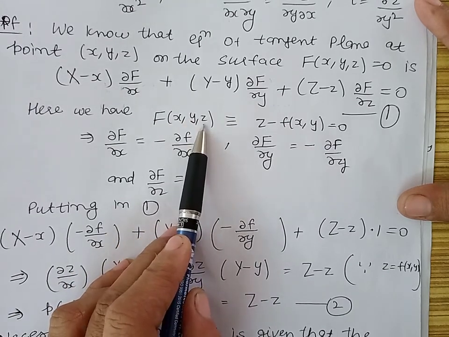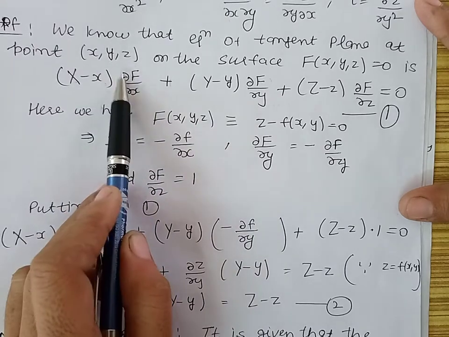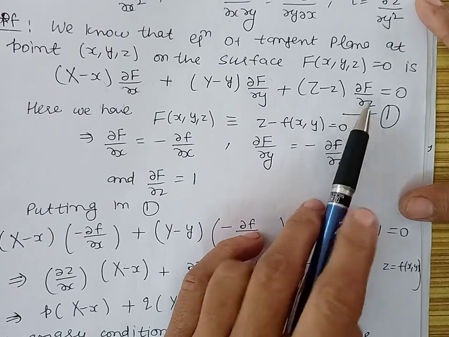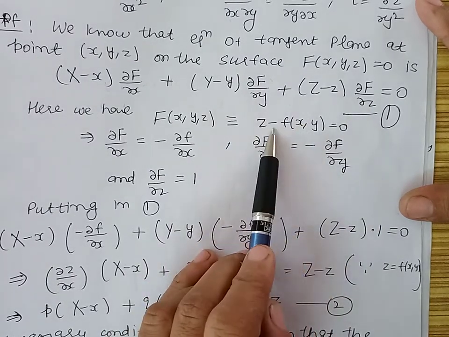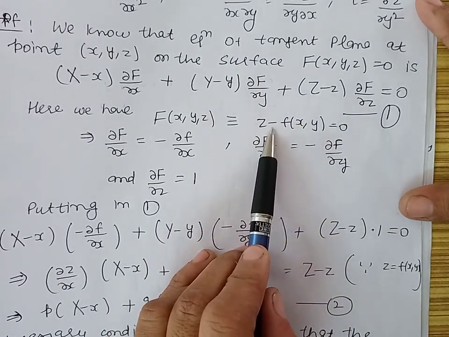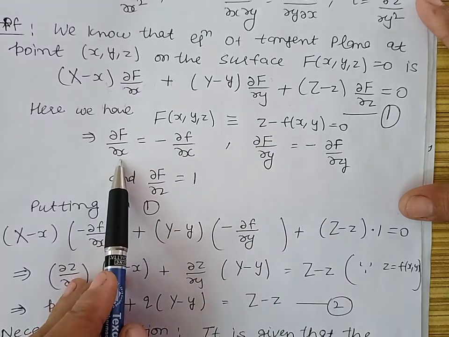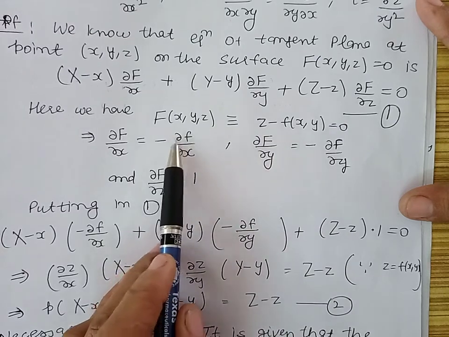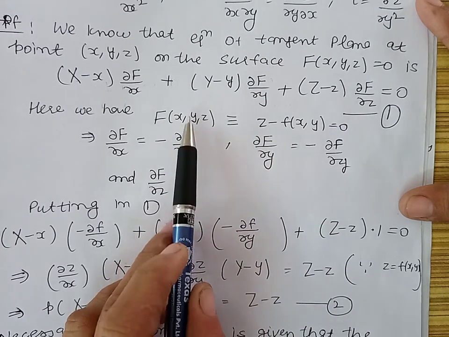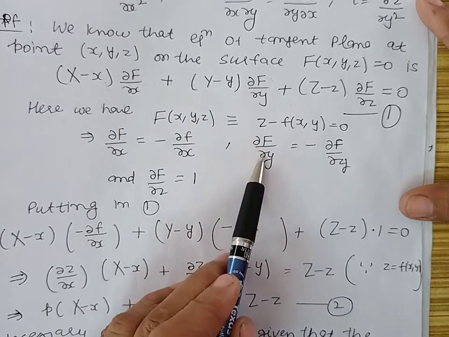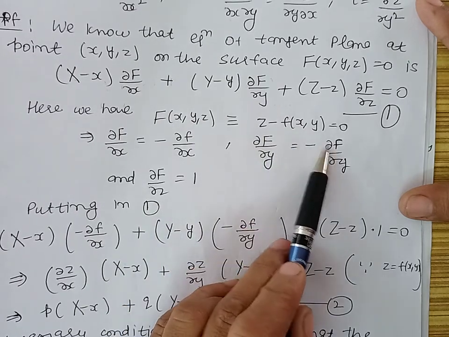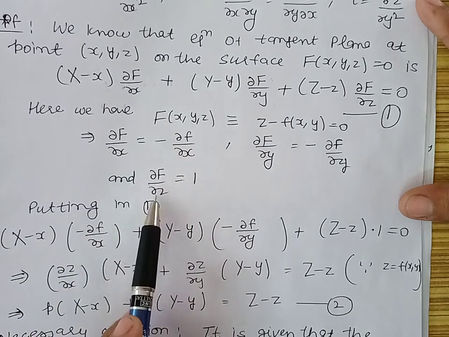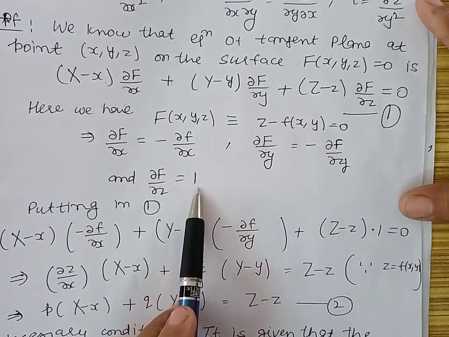So let us find these three values: ∂F/∂x, ∂F/∂y, ∂F/∂z. Differentiating partially with respect to x, y and z, we get minus ∂f/∂x, minus ∂f/∂y, and with respect to z, 1.